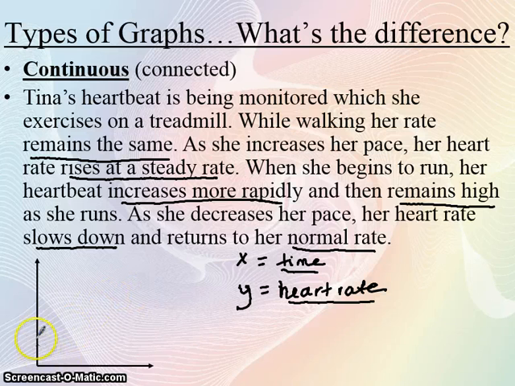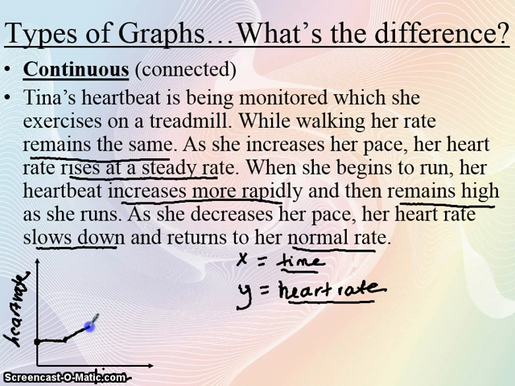So, if we think about it, we don't want to start here at 0 because we don't want her heart rate to be 0. The time, however, can be 0 to represent the initial amount of time or the initial starting point on the treadmill. So it says that her heart rate remained the same, so we'll go straight across. And then as she increased her pace, her heart rate rose at a steady rate, so it slowly went up.